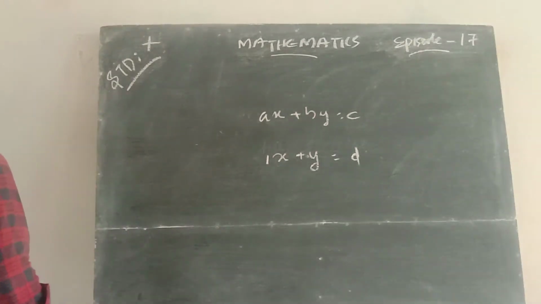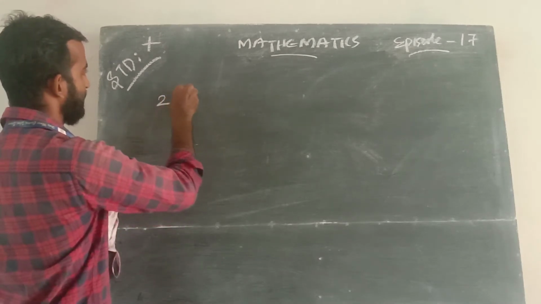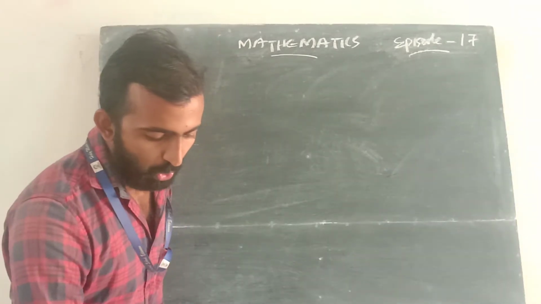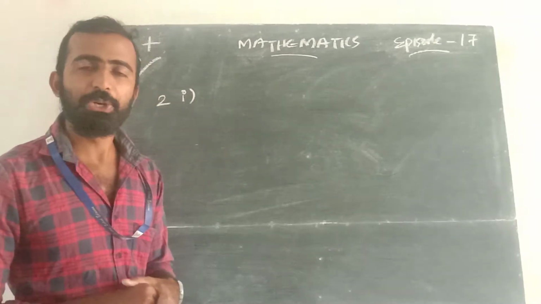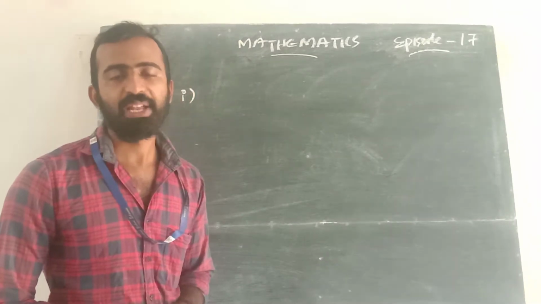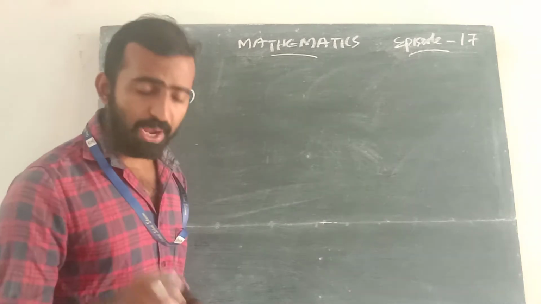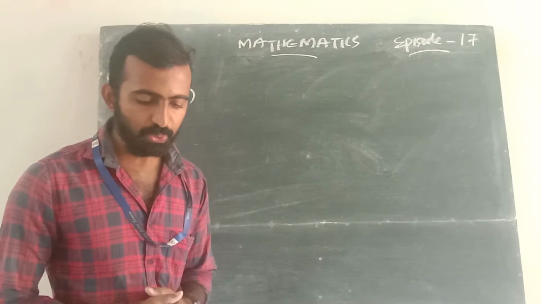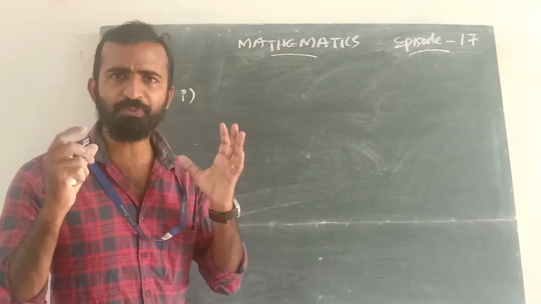Then the first question is: if we add 1 to the numerator and subtract 1 from the denominator, a fraction reduces to 1. It becomes 1 by 2 if we only add 1 to the denominator. What is the fraction? We want to find a fraction.